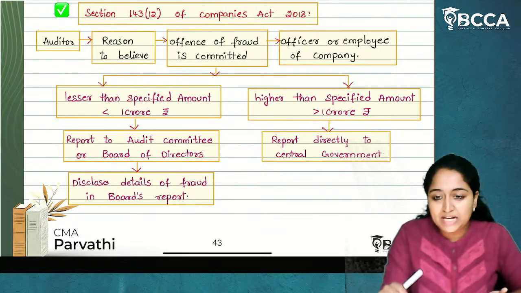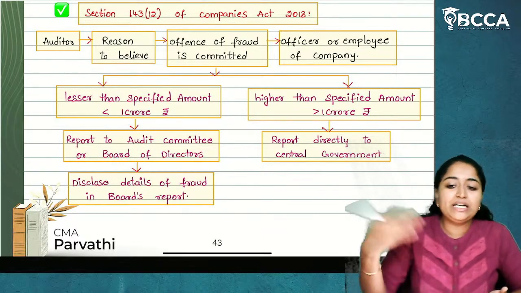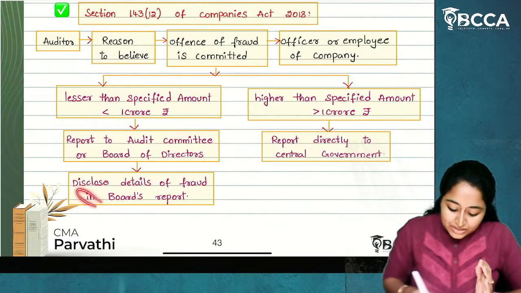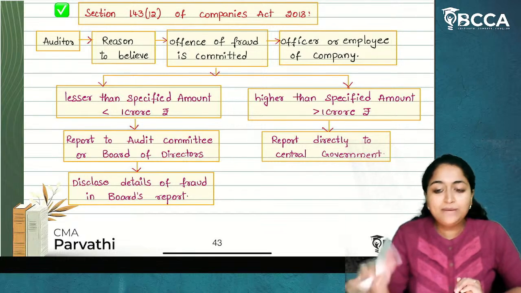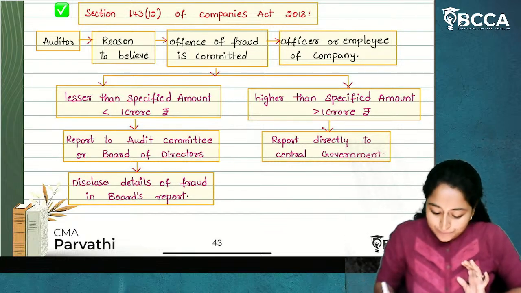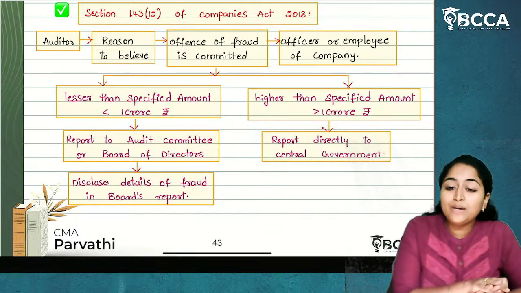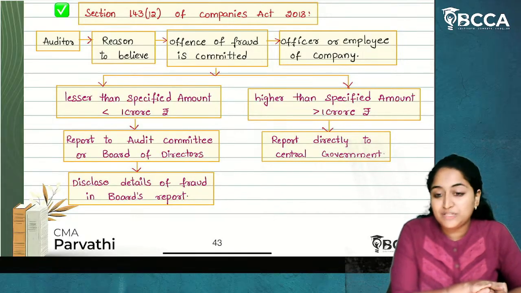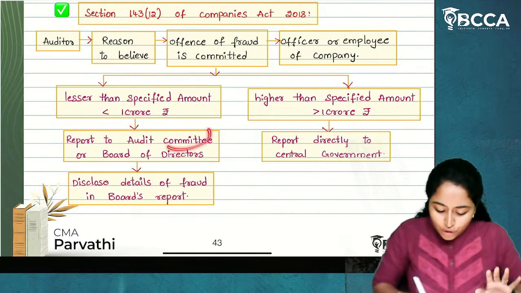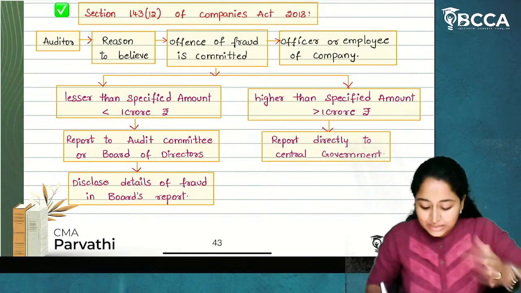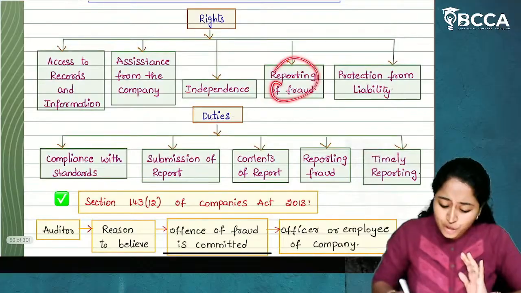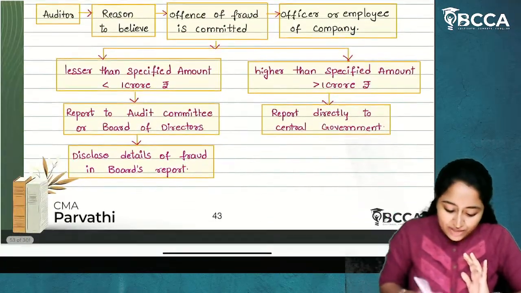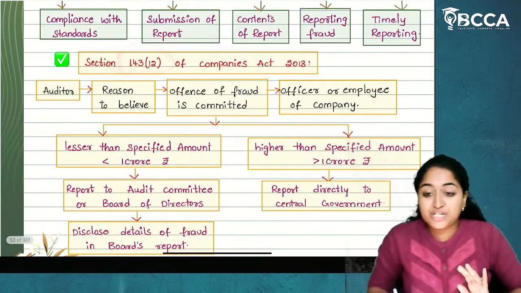If no audit committee is there, he will directly report it to the board of directors, and the details of the fraud are disclosed in the board's report. After intimation, the board of directors will report it in the board's report. If it is more than 1 crore, higher than the specified amount, then there is no need to go to the audit committee or board of directors. Directly report it to the central government. So reporting of fraud is his right, which is given under section 143 subsection 12.